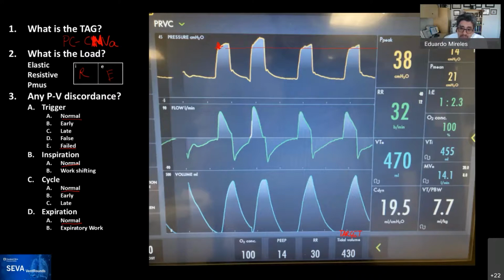There are some conditions in which you can have that discordance, and usually it's elastic during inspiration and then resistive during expiration. And we have seen that occur in, for example, patients that had problems with the expiratory filter and it was clogged, or the HME or whatnot. But in general, you try to find them concordant.